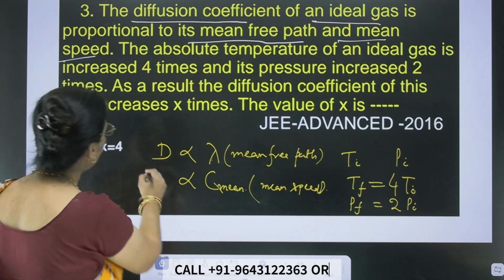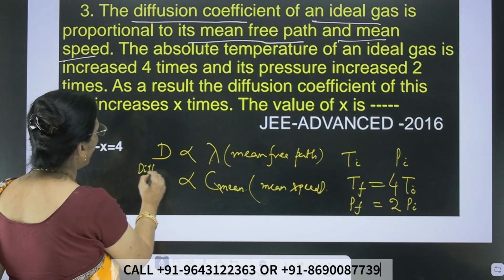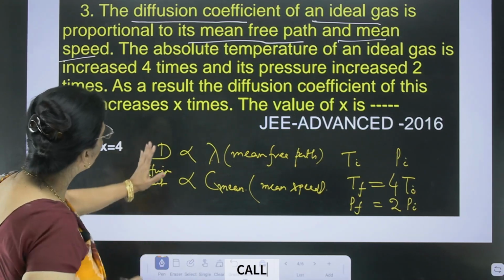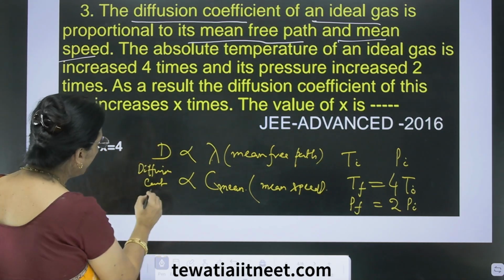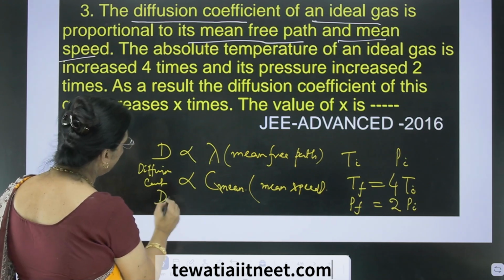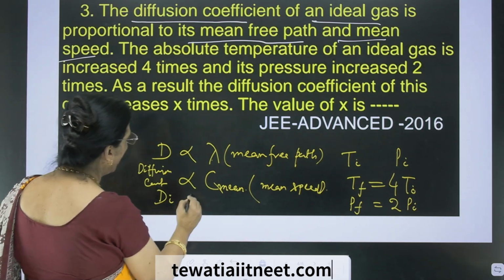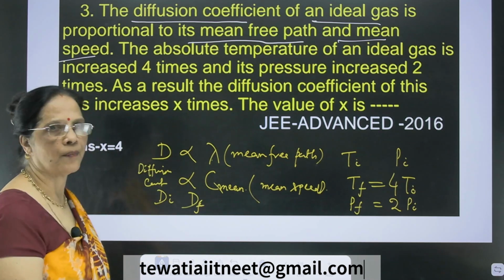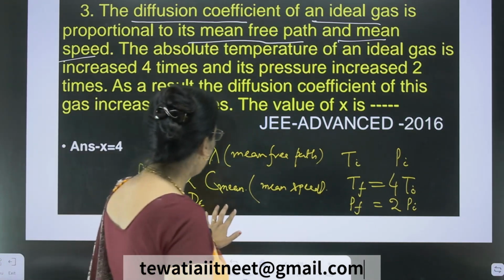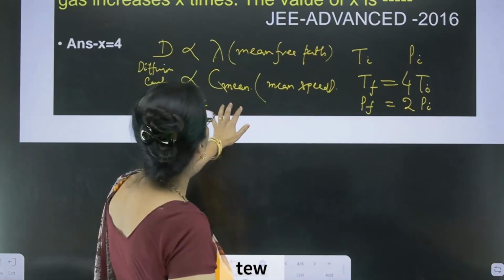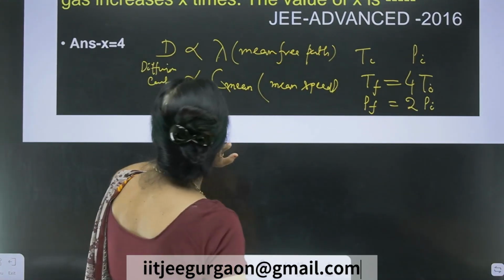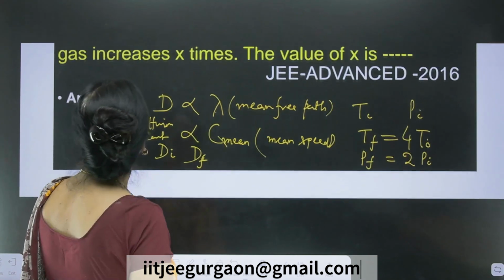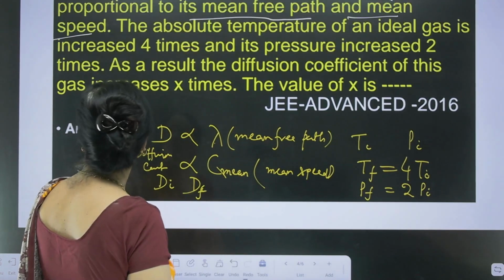So these are the factors given. For the diffusion coefficient D, for the initial we may write Di, and for the final diffusion coefficient we can write Df. Now let us proceed. We have to be very careful about what is asked.